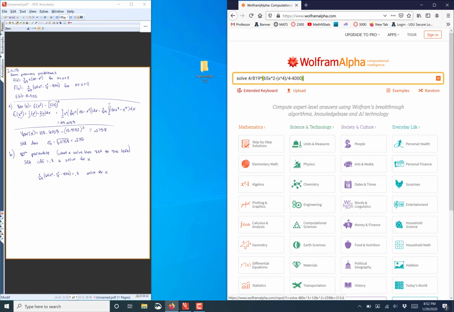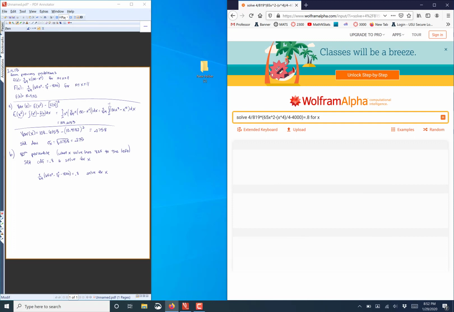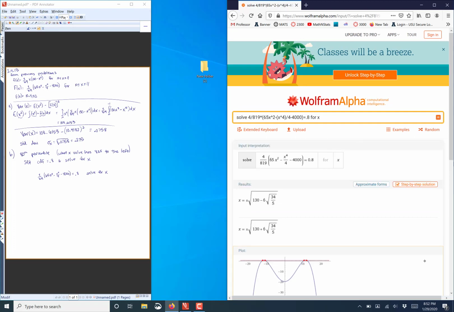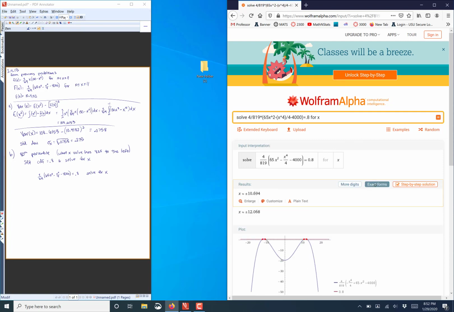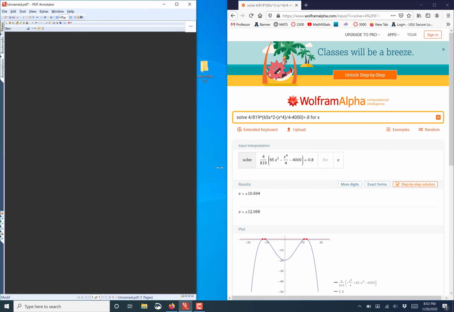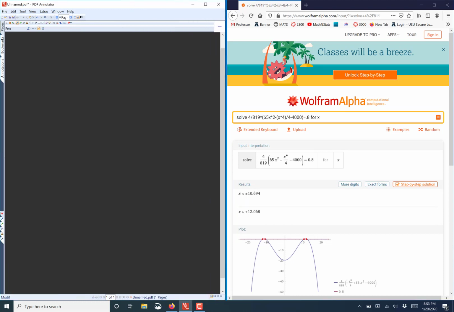So all of that should be in parentheses, equals 0.8 for x. Looks like it's giving me some nice square roots, so let's change that to approximate forms. Okay, so it looks like I have a lot of choices here, and only one can actually be my 80th percentile.